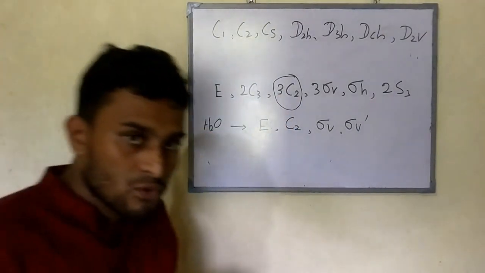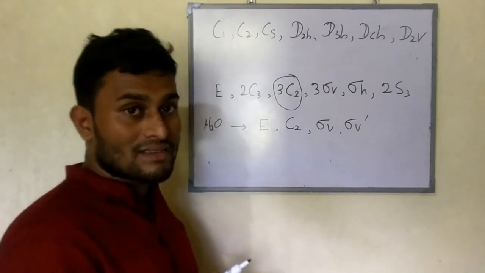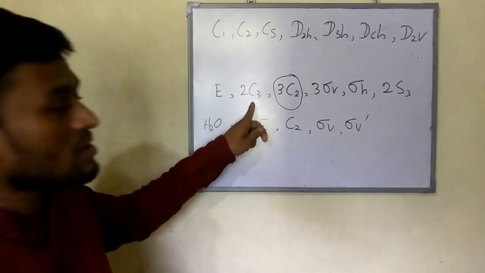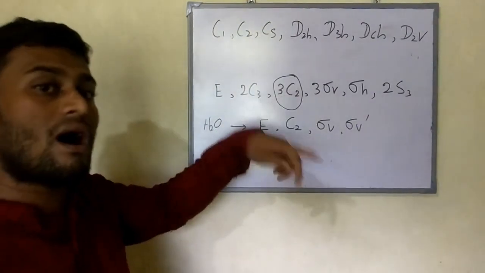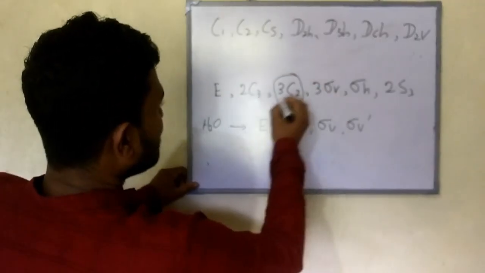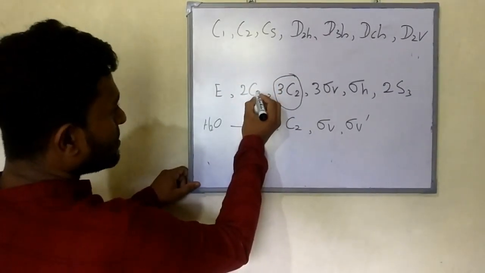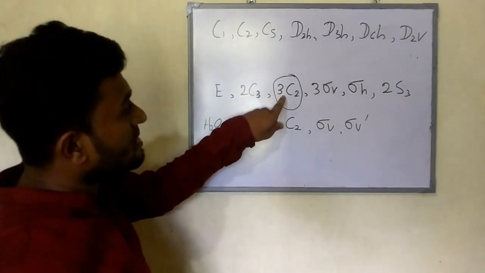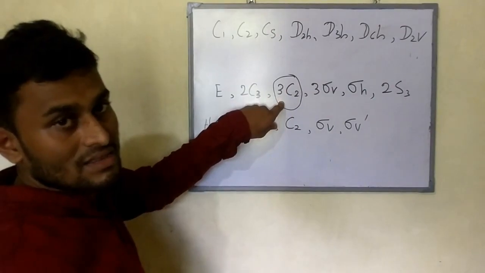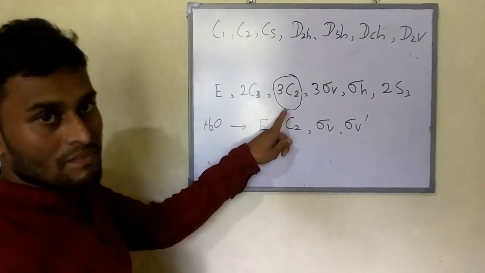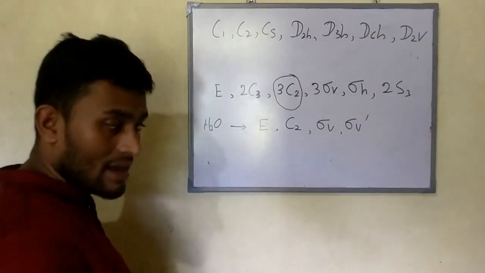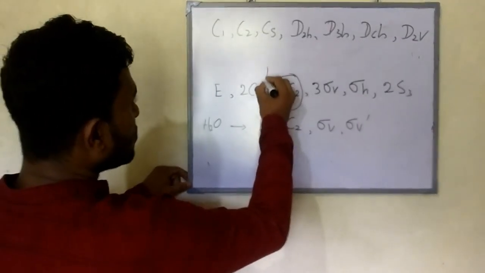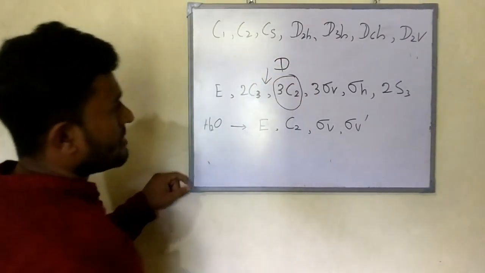If the number of those C2 axes is the same as the principal rotation axis or higher, that means, here the principal rotation axis is 3, and you have 3 C2 axes. So the number is the same, or sometimes it can be higher. Then your point group will be D.